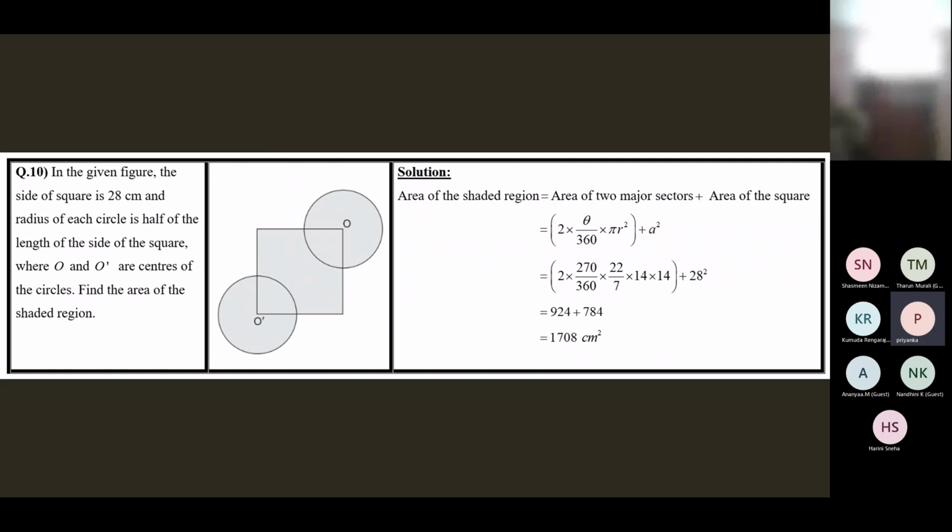Sorry, ma'am, I sent the same thing twice. Ananya. Corrected the area of trapezium, ma'am. Should I send it again? No. Okay.